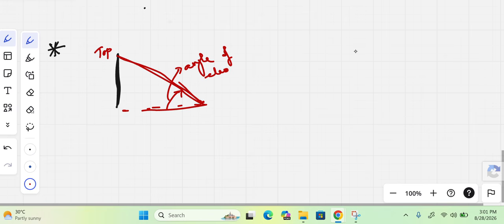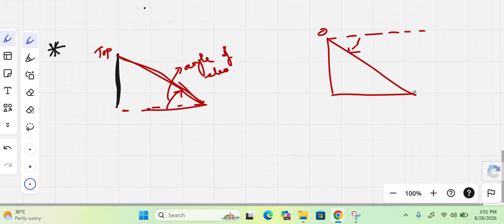Similarly, if this is a tower and you are watching from the top to the bottom, again it's a straight line, then it makes an angle when you are looking at something on the ground. If this is the road which you are watching from the window, this angle becomes angle of depression. The whole thing is based on the concept of elevation and depression.